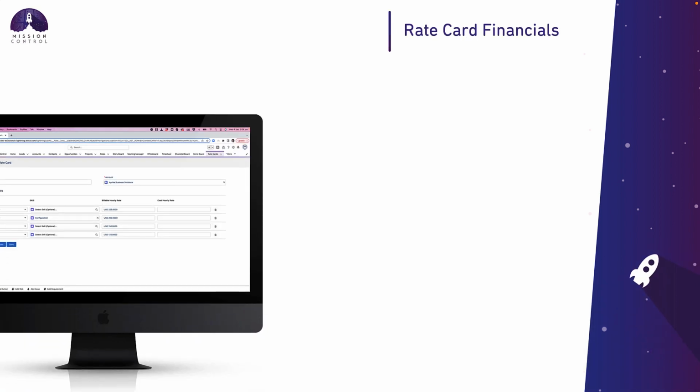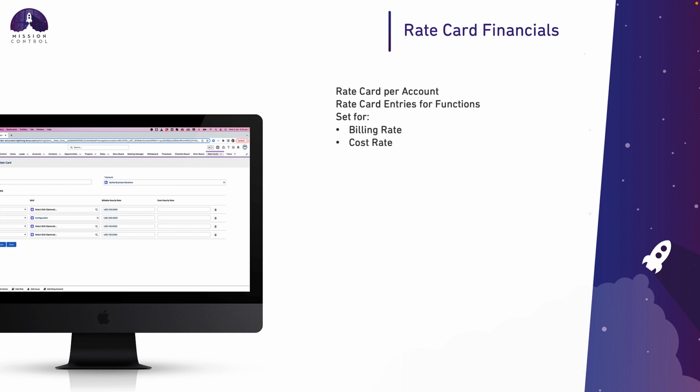So the rate card financials, this is two new objects. You've got the rate card, which sits underneath a particular account record, and then underneath the rate card, you've got your rate card entries. And we've introduced a feature where you're specifying rates for a function. So a function being project manager, designer, developer, trainer.